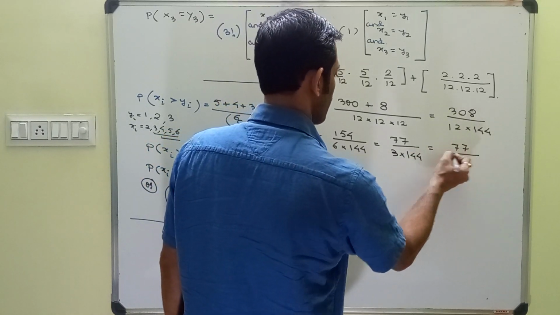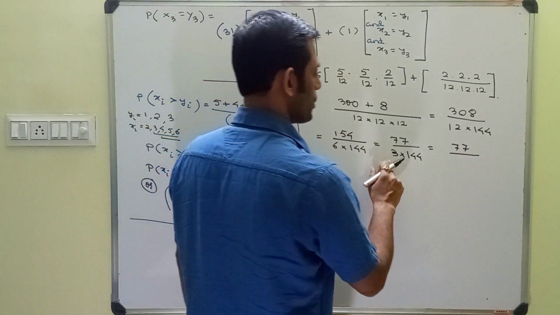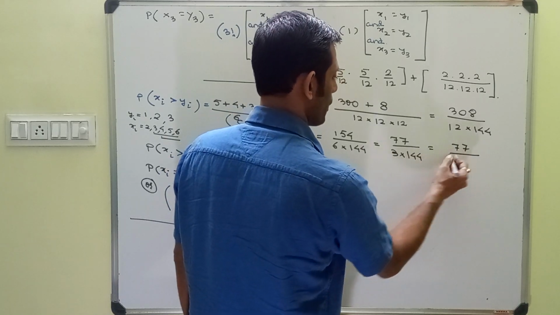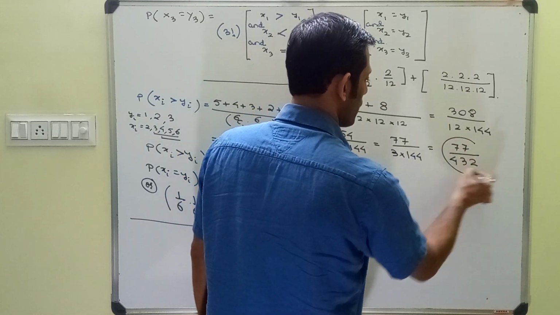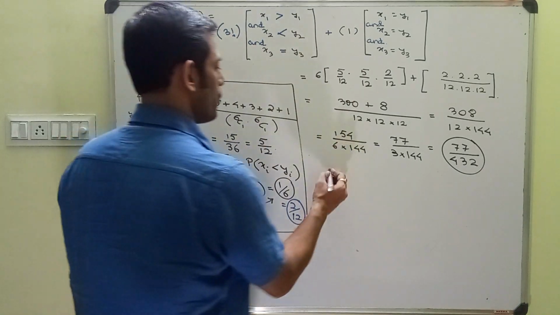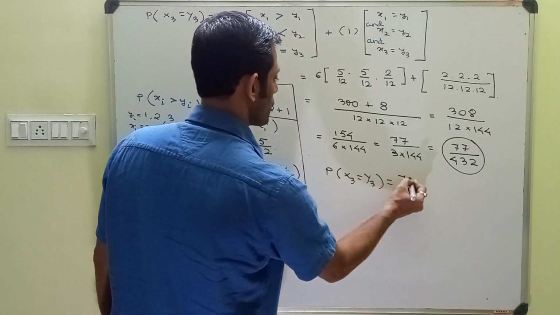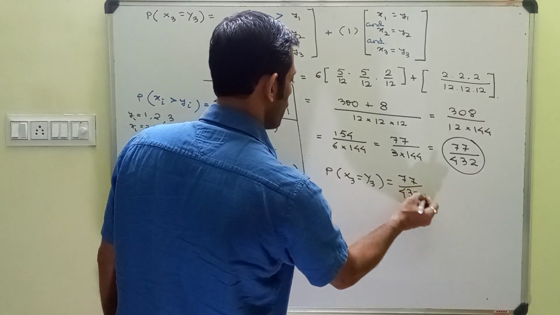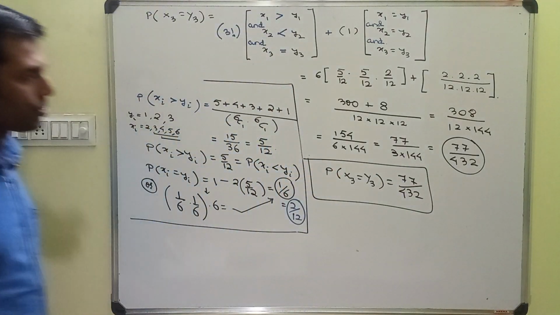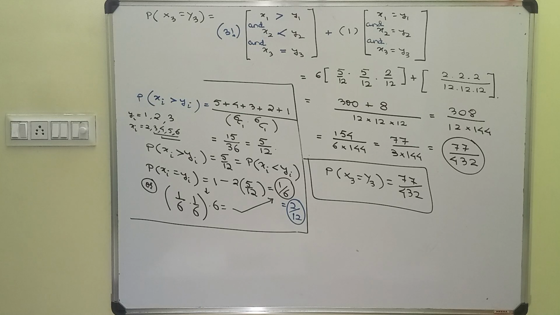That means this can be 77 by 432. This is the answer for probability of x3 equal to y3. See this: 77 by 432 is the probability for equal scores at the end of 3 games.